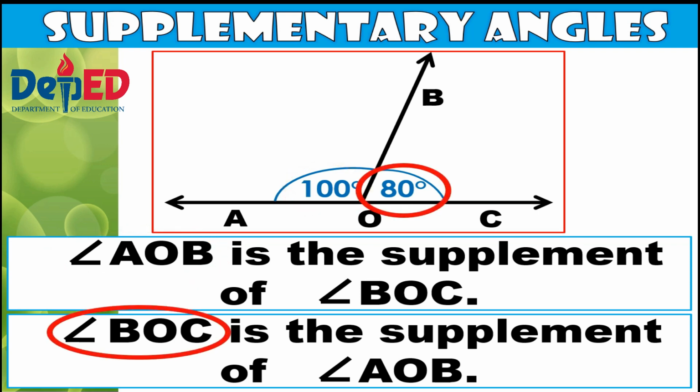Angle BOC is the supplement of angle AOB, and angle BOC measures 80 degrees. And the sum of the measures of angle AOB and angle BOC is equal to 180 degrees.